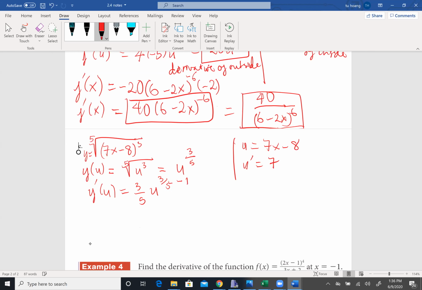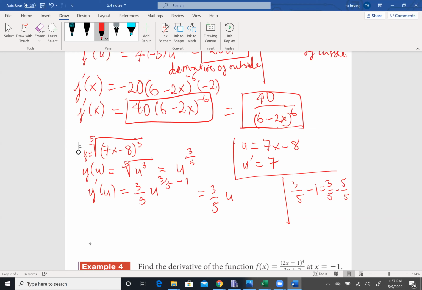In the case that you have a fractional power, I would like to slow down and do all the steps of the power rule. So here I have 3/5 stay, and u now is going to have, if you want to do side work for 3/5 minus 1, you should know that it's going to be equal to 3/5 minus 5/5, right?